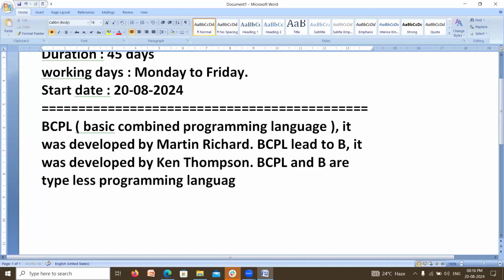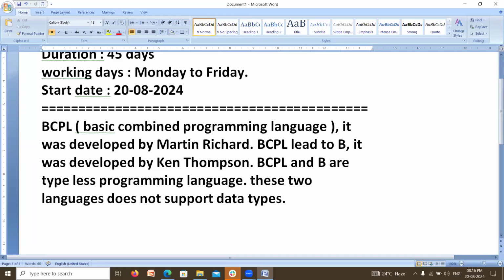Typeless means these two languages do not support data types. First of all, we have to understand what is the meaning of data type.